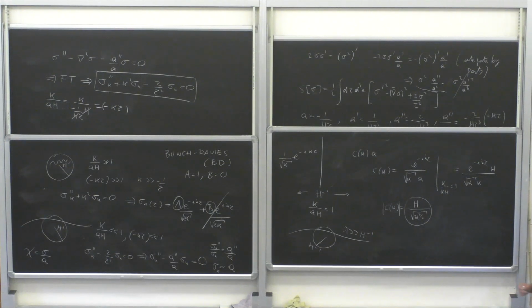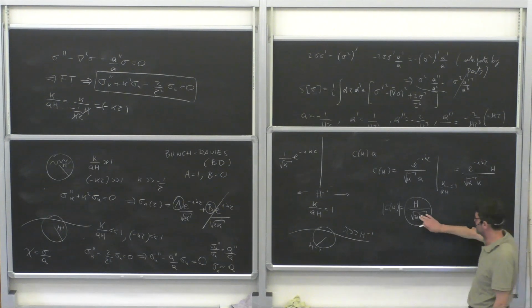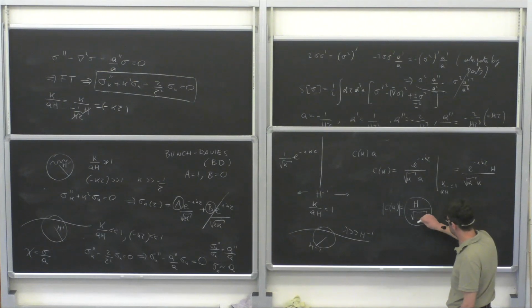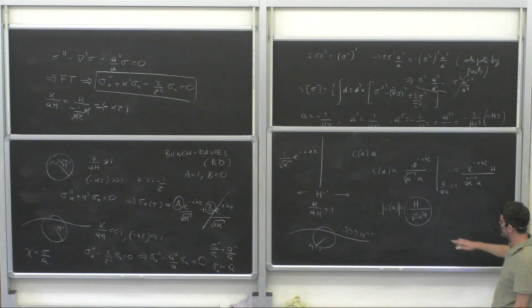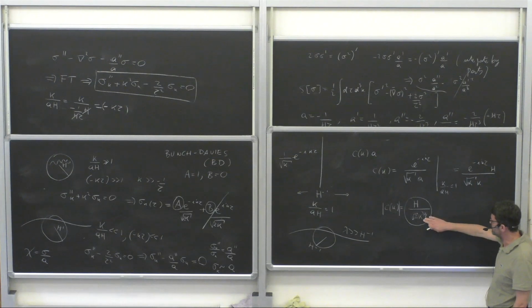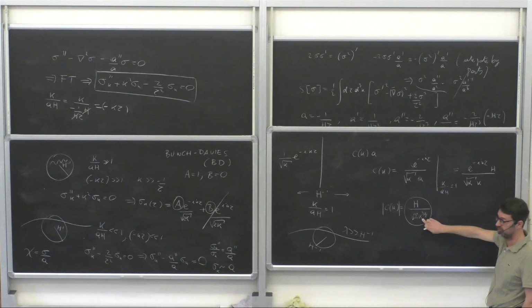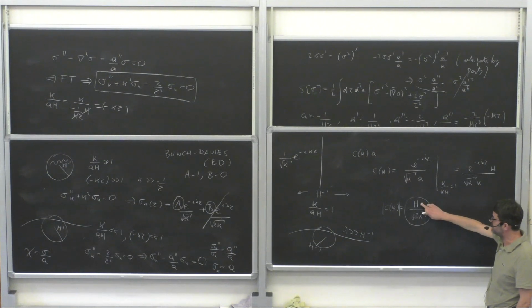So that is the amplitude, so let me write it down a little bit better because it's important. It's an amplitude, and I should write it down like this, if I want to put the k 3/2 inside. So this is the amplitude of the free scalar field chi the moment the perturbation goes out of the Hubble radius. It depends on k, of course, but the amplitude is given by H.